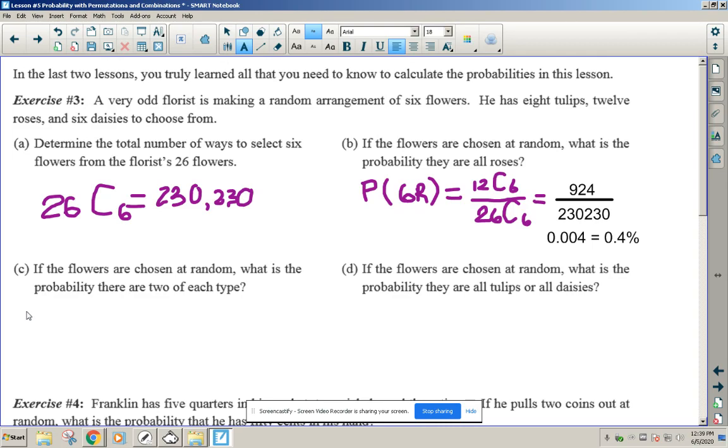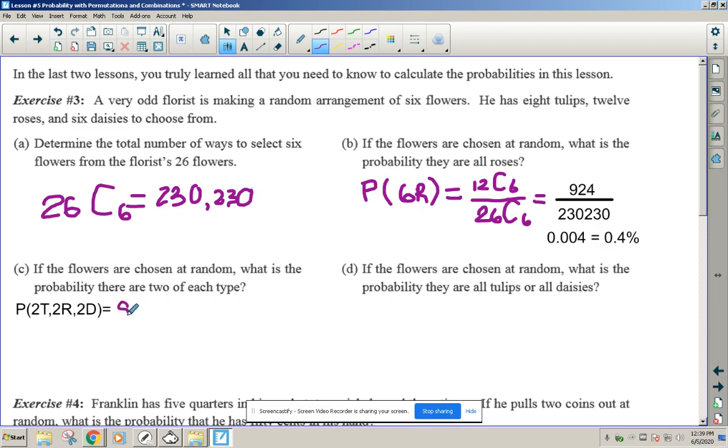If flowers are chosen at random, what is the probability that there are 2 of each type? Well, now this would be the probability of 2 tulips and 2 roses and 2 daisies. Well, that's probably a whole lot better chances. So this would now be the fraction that I'm going to have to write, because every time I try to type it, it takes too long, and we don't want to spend the whole time watching me type.